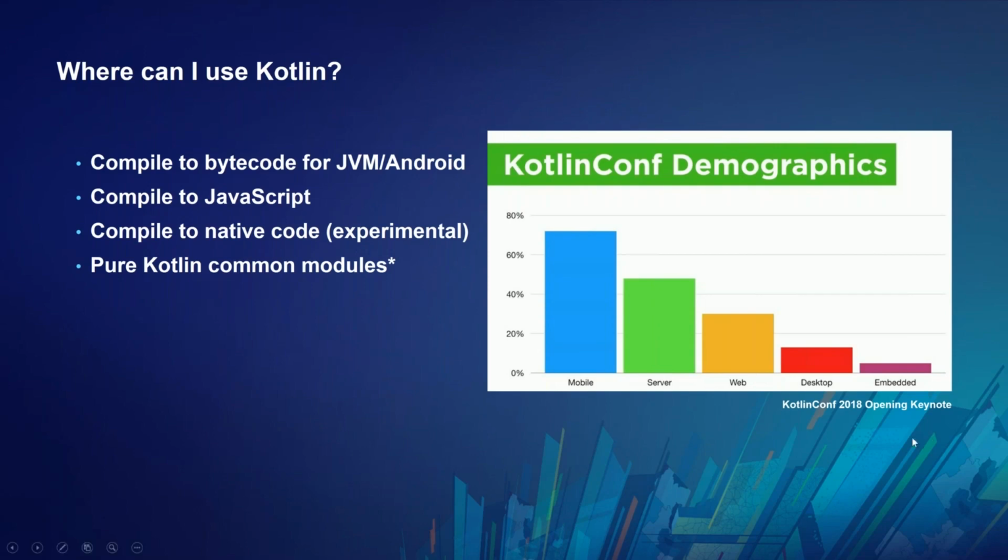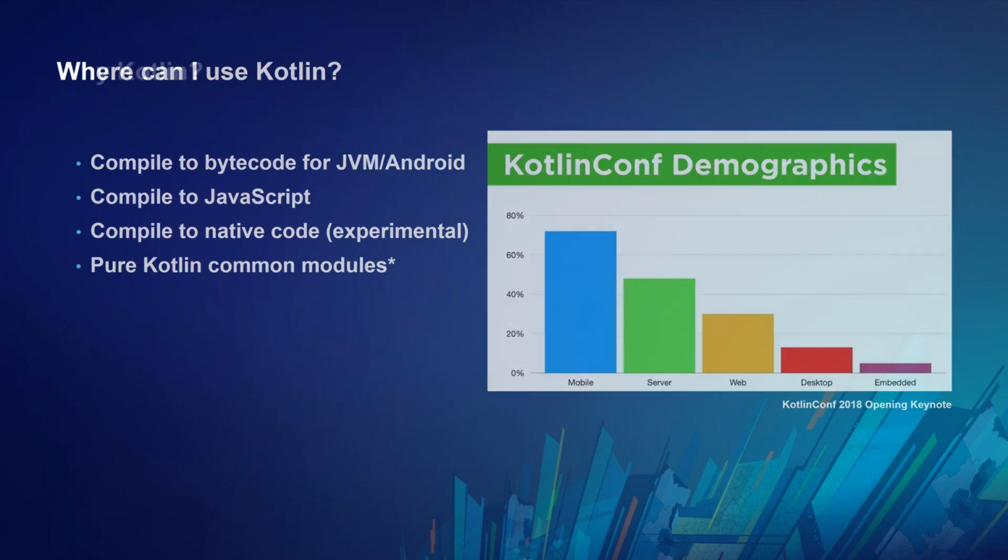Now, this graph over here shows where Kotlin is being used. You'll see that mobile is the leader here due to Android, but there's also a healthy representation from backend servers, web front ends, and desktop as well. And I think this is a good indicator of how well the language is doing, considering it only reached 1.0 in 2016.